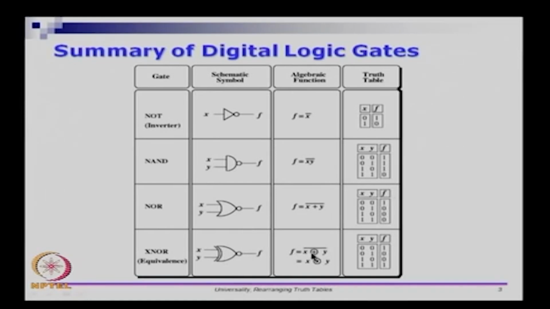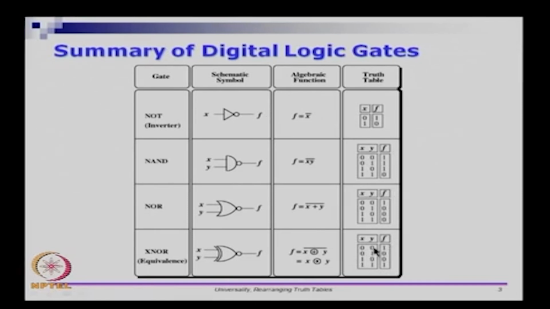So this is X XOR Y, the complement, and there is a shortcut notation for XNOR also, which is a dot and a circle around it. A plus and a circle around it is called XOR, and a dot and a circle around it is called XNOR. You can see that XNOR is a Boolean function which actually checks equivalence of two inputs. You can see the truth table on the right side.